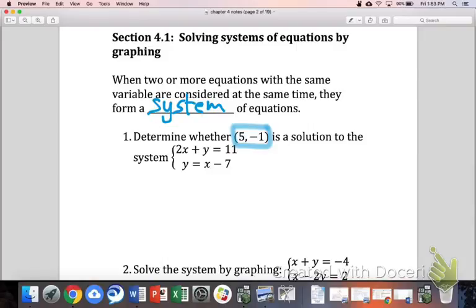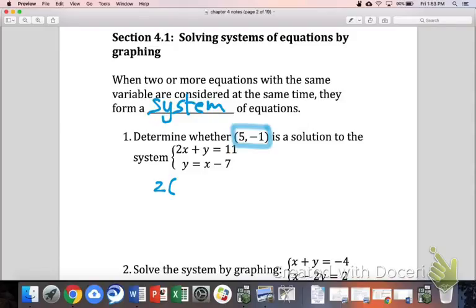You can see in the system there are 2 simultaneous equations, right? In order for (5, -1) to be a solution to the system, it needs to make both equations true. If it doesn't work in one of the equations, it's automatically not a solution to the whole system. So let's plug in, as you suggested. 2 times, well, is x the 5 or the -1? 5, right?